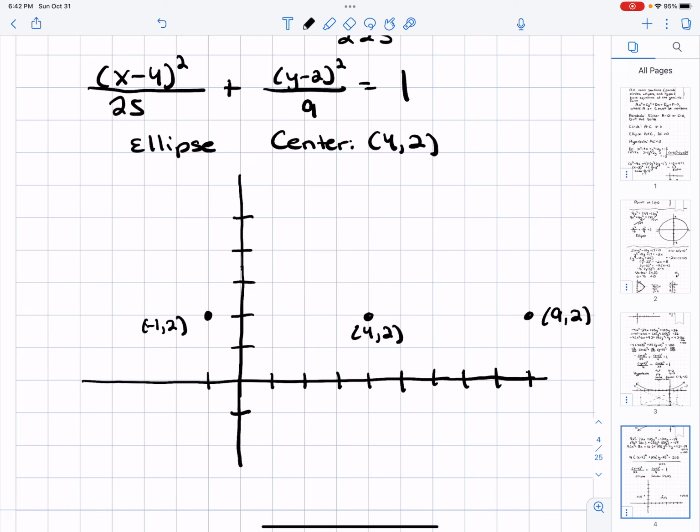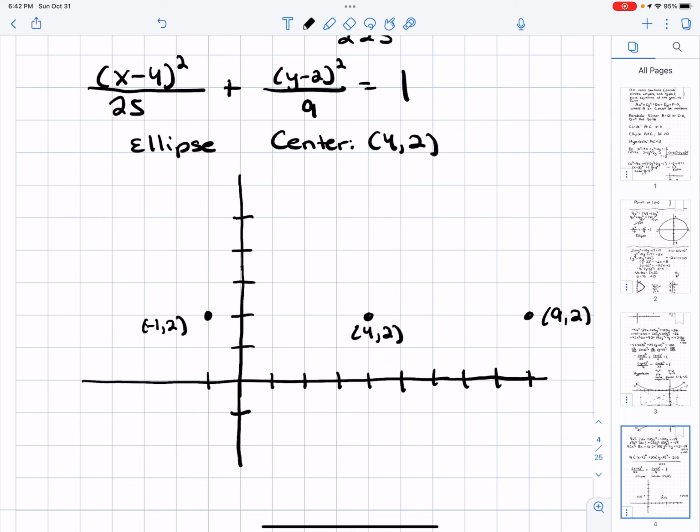Those points are all on the same horizontal line, so the y coordinate stayed the same. It's 2 for all of those. But notice, since you're dealing with 5 there, 4 minus 5 gave you one x coordinate, and 4 plus 5 gave you the other.